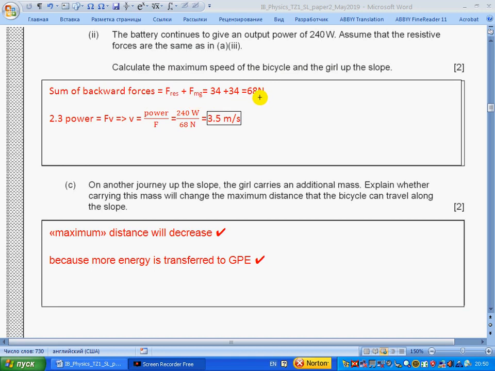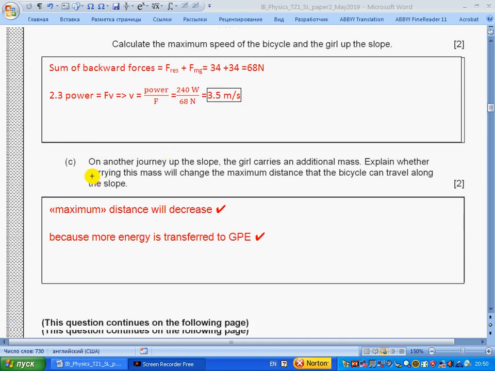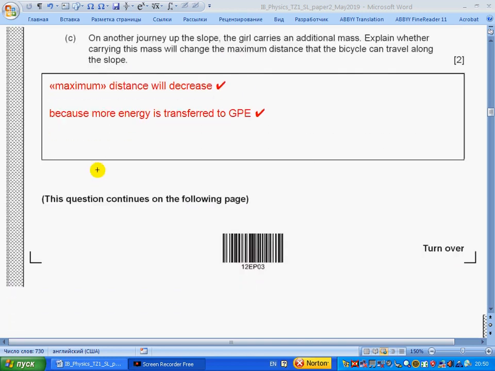It is balanced by the force from the engine, and again section 2.3: power equals force times speed, so speed equals power over force. 240 over the total force gives us 3.5 meters per second.